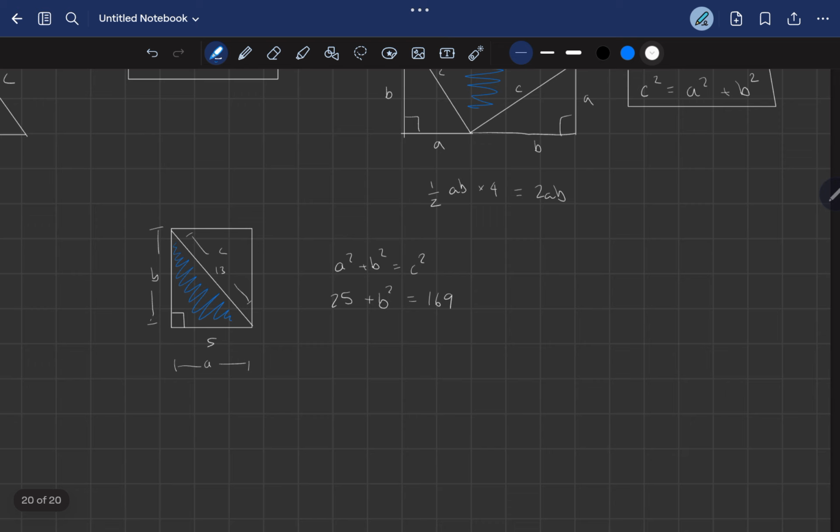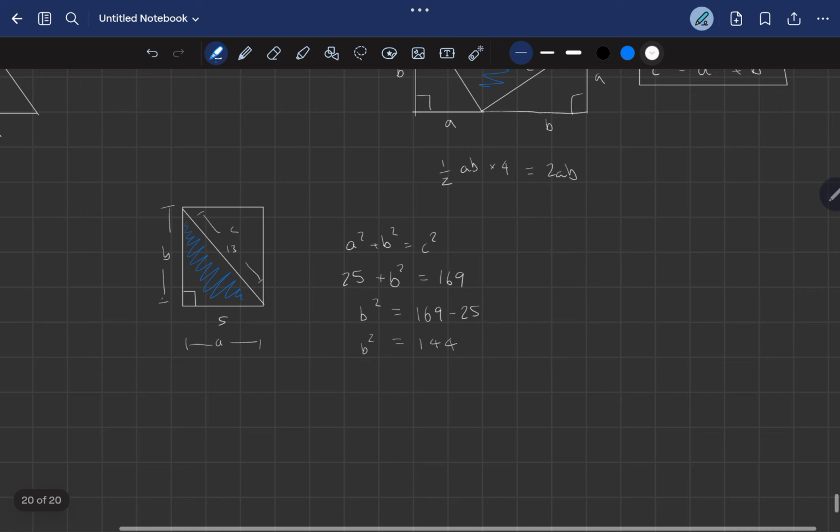Now we can rearrange this equation by subtracting 25 from both sides. So that just leaves us with b squared is equal to 169 minus 25, which is just 144. So b squared is equal to 144. If we take the square root of both sides, this leaves us with b is equal to 12. So this is 12.